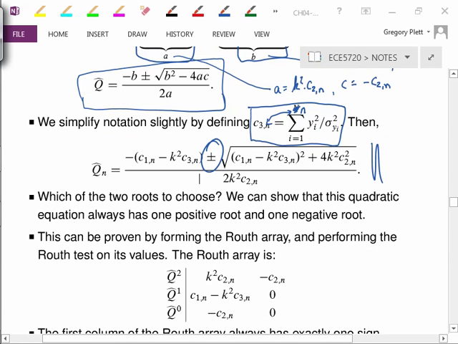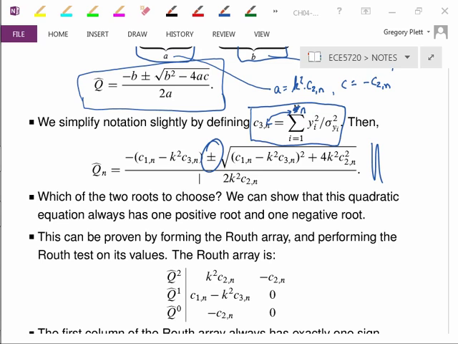So let's look at this. If you are familiar with control systems, you will certainly have encountered the Routh test before. If you are not, then I don't have time to develop it for you here. You'll have to take it on faith, I guess, that this is correct.